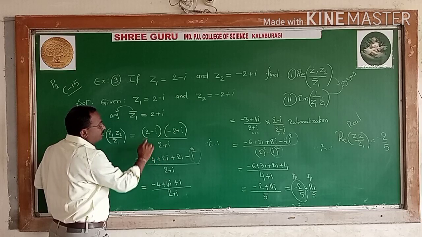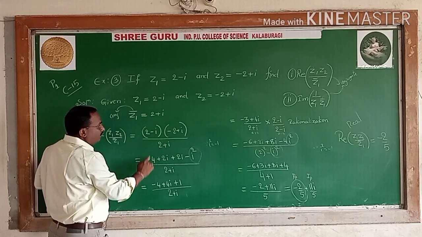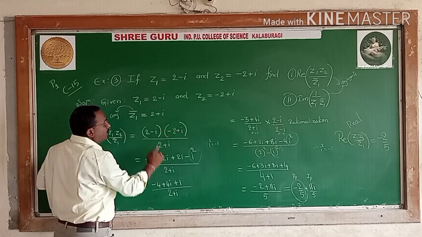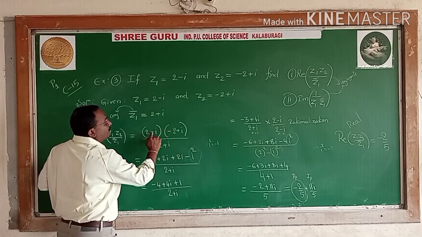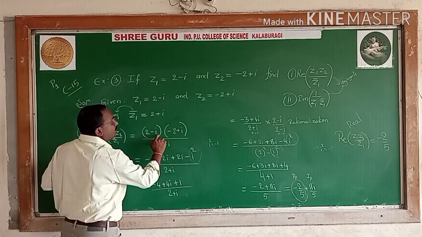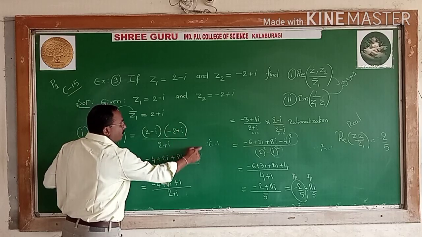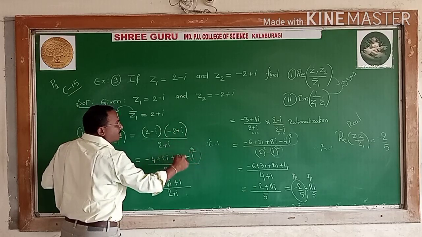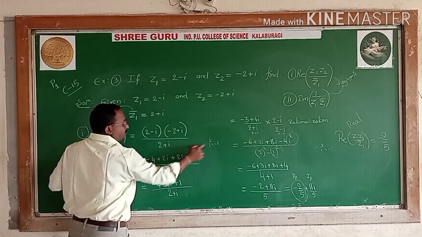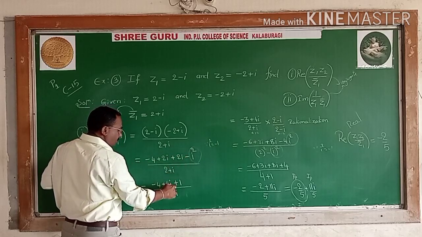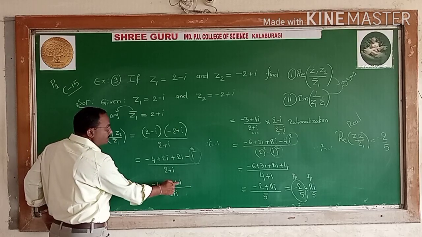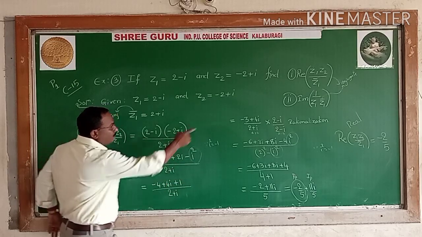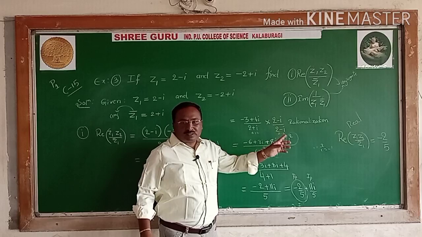Product of the numerator: 2 into minus 2 is minus 4, 2i, 2i, minus i into i square. The i square value is always minus 1, so minus minus plus. Separate real and imaginary: minus 4 plus 1 is minus 3 plus 4i, divided by 2 plus i.